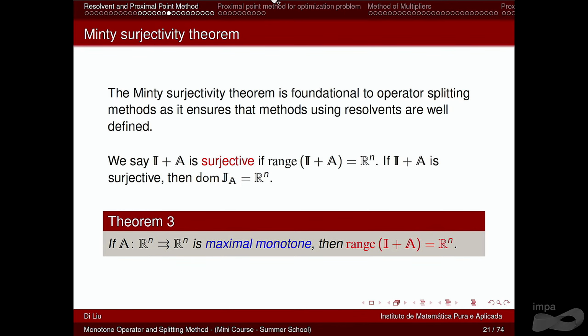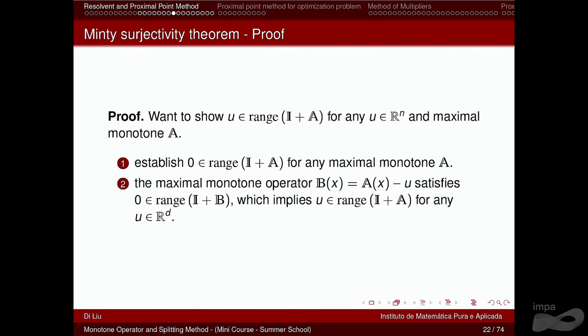Okay, so the strategy to prove this is, actually, we want to show for any u belongs to Rn, u belongs to the range. But before concluding this, we first prove that 0 belongs to the range of I plus A for any maximal monotone operator.